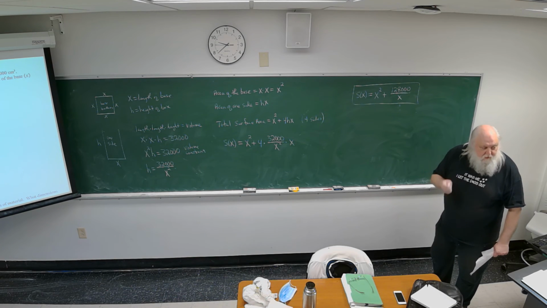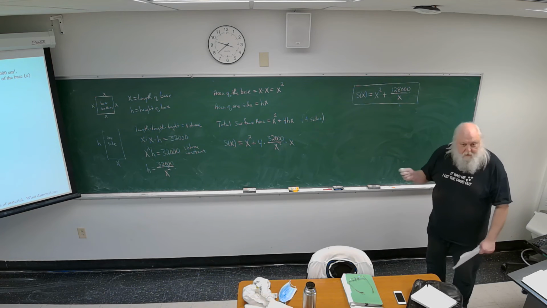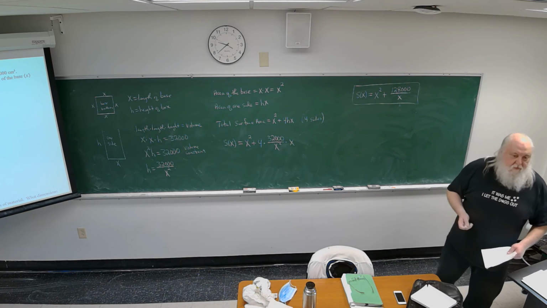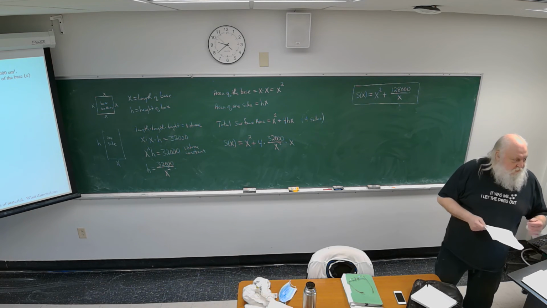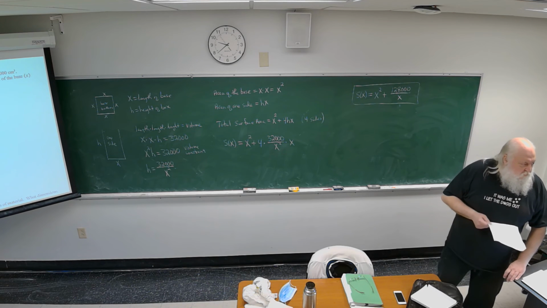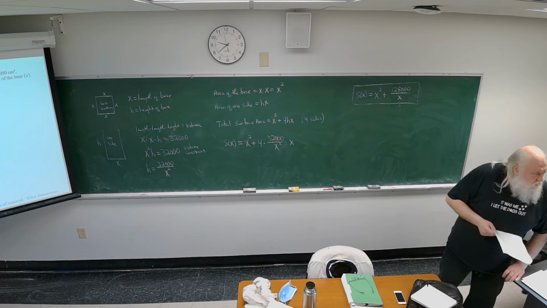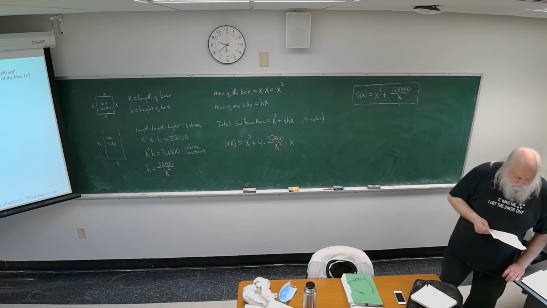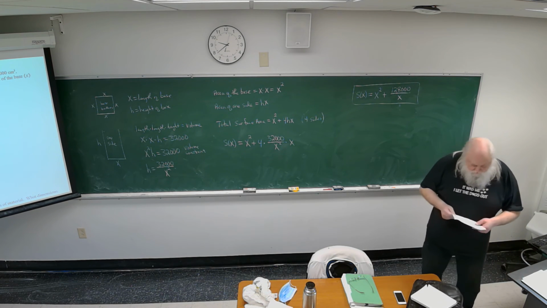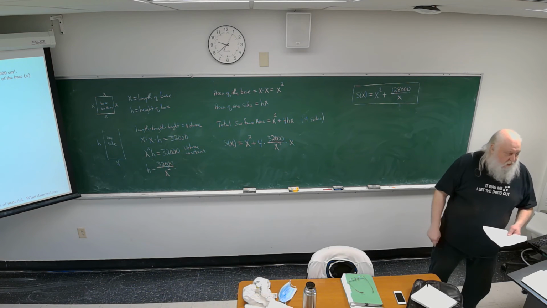That will minimize the amount of wood you need to create a box with a volume of 32,000 cubic centimeters. Whenever it just says the box, there isn't a lid on it. Usually if there is a lid on it, it'll say closed box.